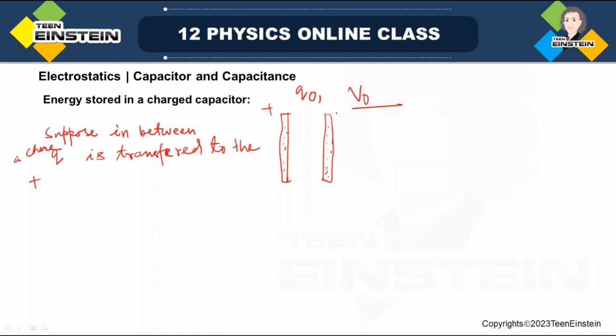Suppose this is the positive plate, this is the negative plate.